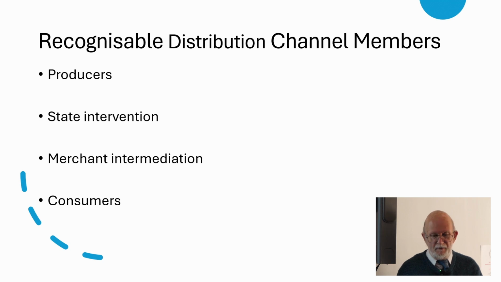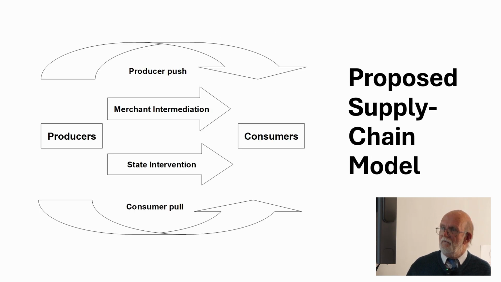So those are the actors, but the important considerations are how do those actors then shape and drive the system. And in that respect, I offer a relatively simple model with, at the one end of the system, the producers, at the other end of the system, the consumers, the goods moving from one to the other, but moving in a series of thrusts.